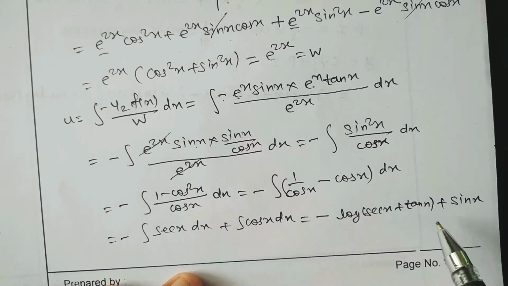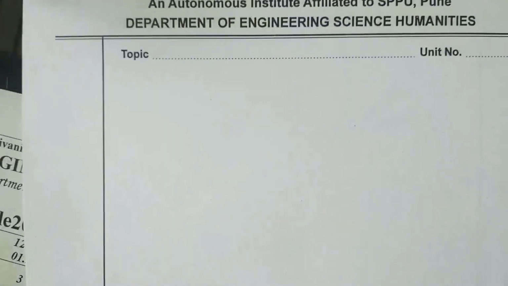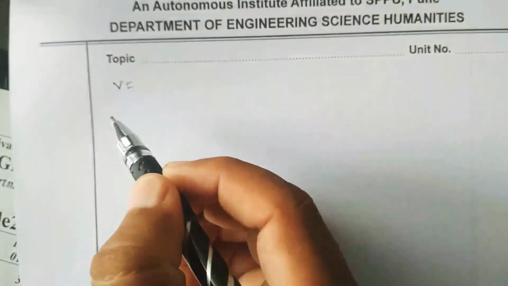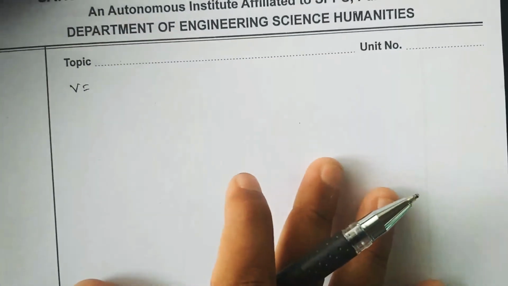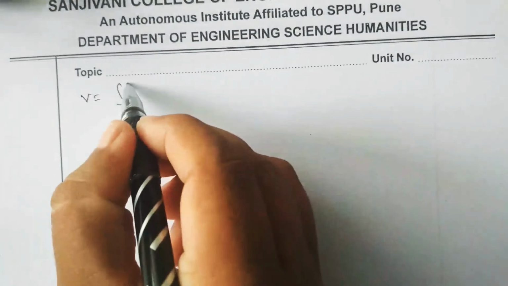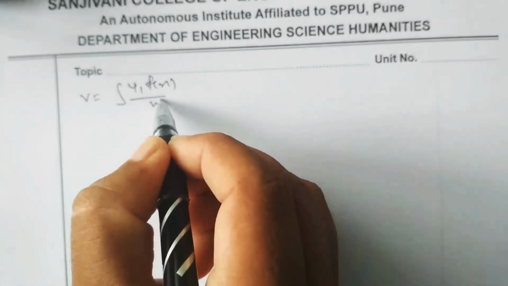Then to find v, the formula is v equals integration of y1 f of x upon w dx.